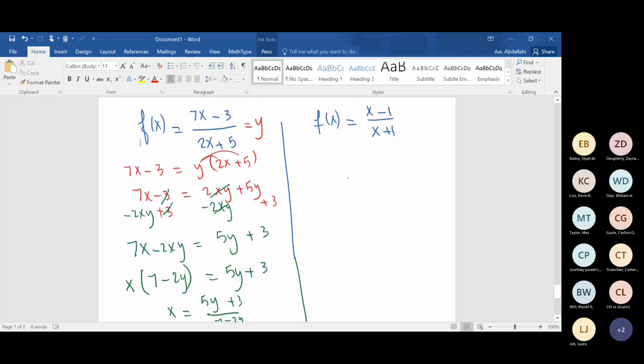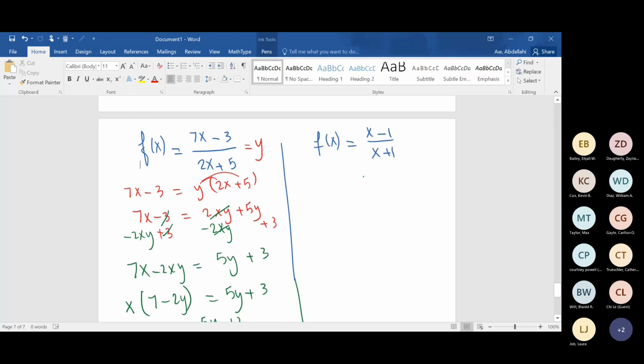And the same goes here, equal to y, so we get x minus 1 equal to y times (x plus 1), right? And then what next? Next, you're going to distribute, right?